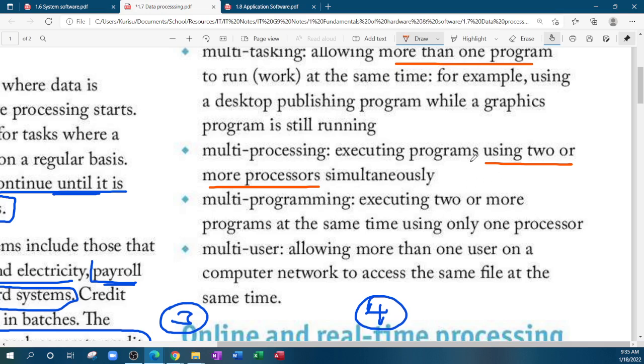Multi-programming, executing two or more programs at the same time using only one processor. Multi-user, allowing more than one user on a computer network to access the same file at the same time. Great.